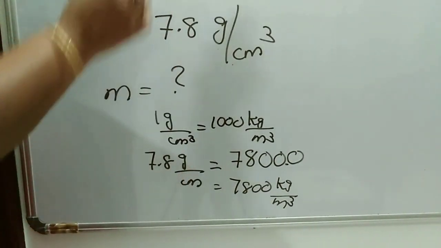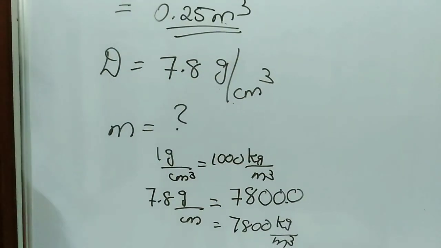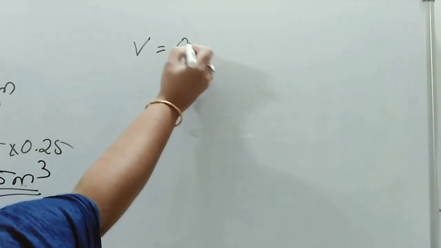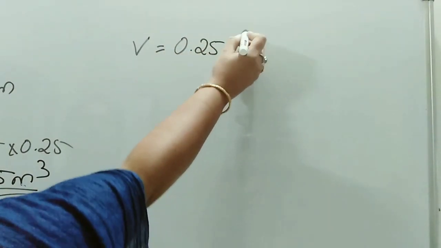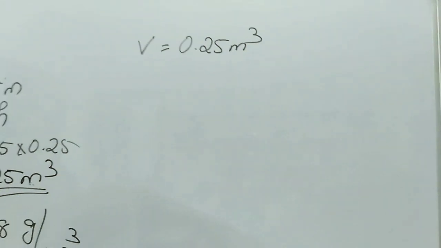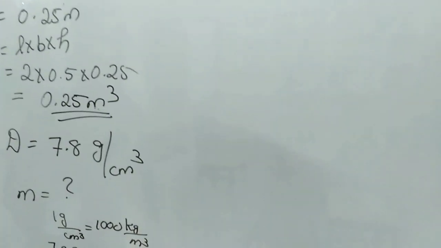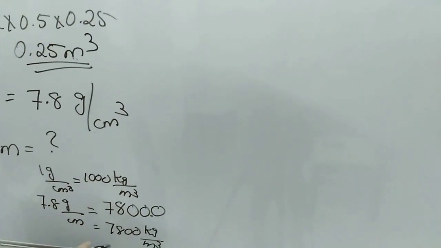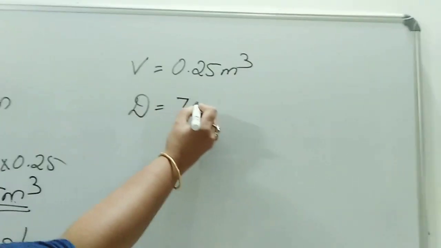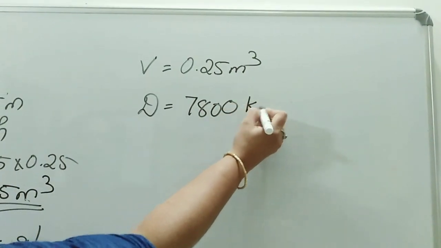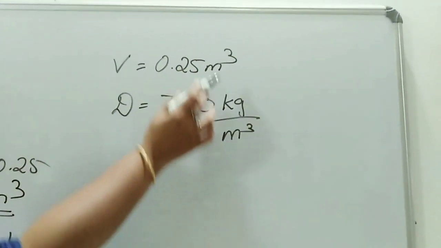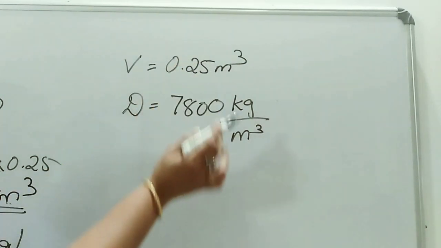Now we have the formula. So from here volume we got it is 0.25 meter cube and the density we convert gram per centimeter cube to kilogram per meter cube. So we have the density is given 7800 kilogram per meter cube. Now you can see both the values are in the same unit, meter cube, meter cube.